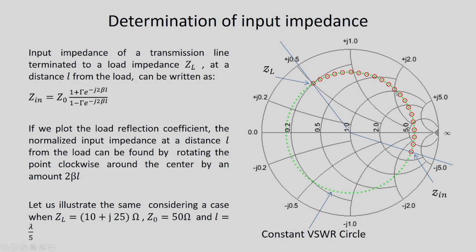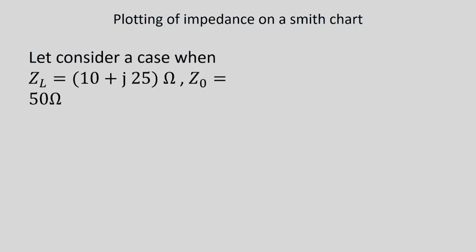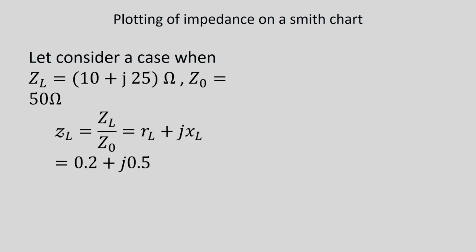Now, we can see that starting from the load, as we move down the line, we cross this axis, that means here the input impedance becomes purely resistive. So, let us consider another case when ZL is 10 plus j 25 and Z naught is 50 ohm, and we have seen the normalized impedance is 0.2 plus j 0.5.